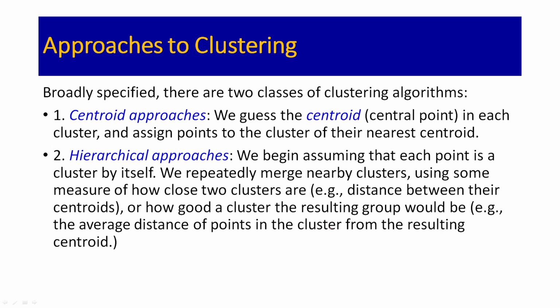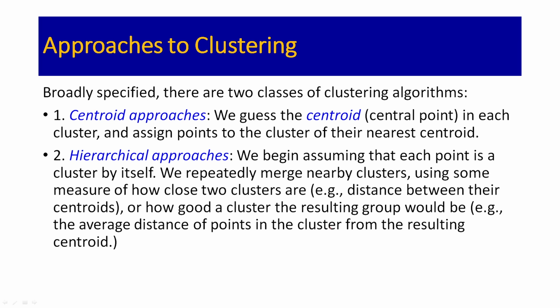But in hierarchical, so that is the main assumption in the centroid approach. In the centroid approach, you are assuming a central point per cluster, without assuming that you cannot separate the data. In a hierarchical approach, you begin with assuming each point is a cluster by itself. That means, if you have, let us say, 1000 points, each point is considered a cluster itself.